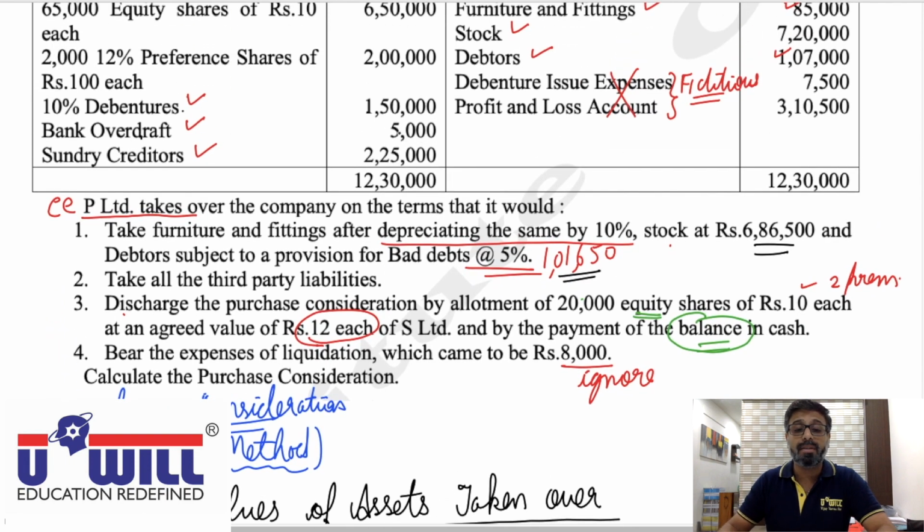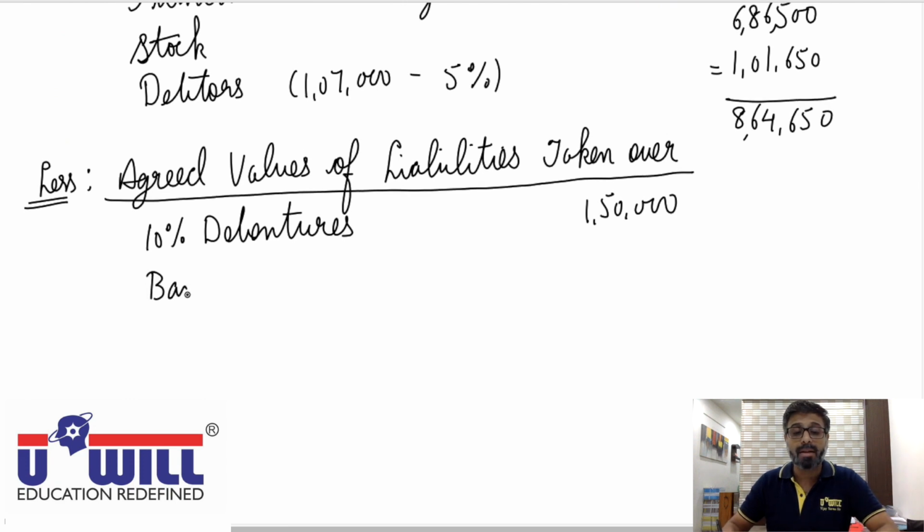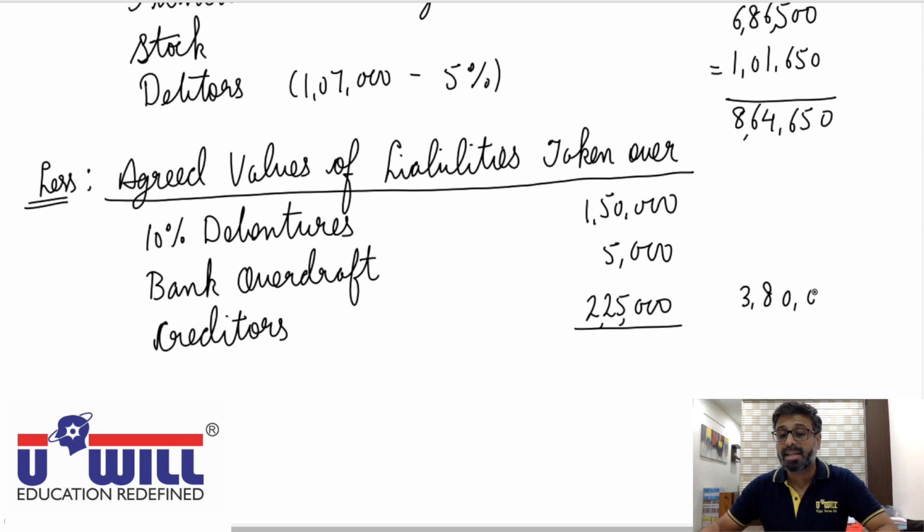Bank overdraft 5,000 and creditors 2,25,000. So 1,50,000 plus 2,30,000, 3,80,000 is the agreed value of liabilities taken over.